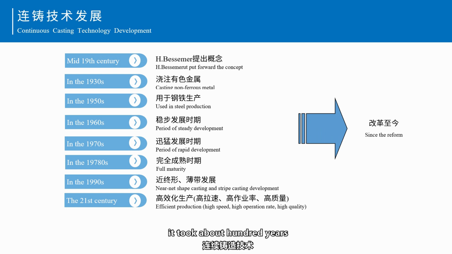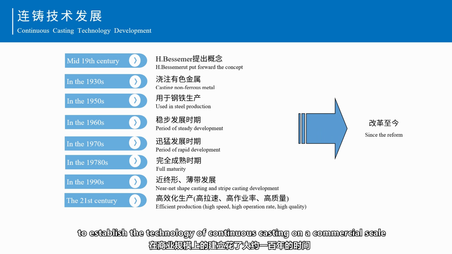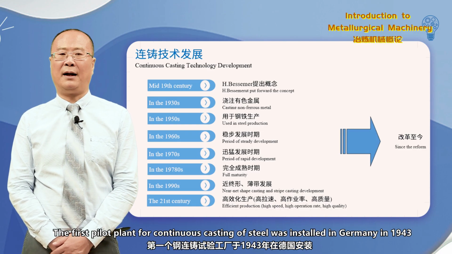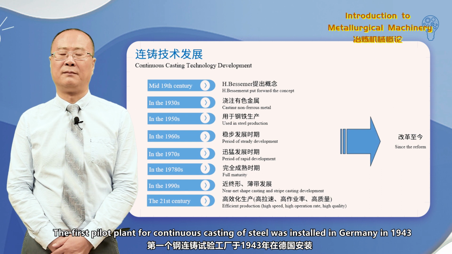However, it took about 100 years to establish the technology of continuous casting on a commercial scale. The first pilot plant for continuous casting of steel was installed in Germany in 1943.